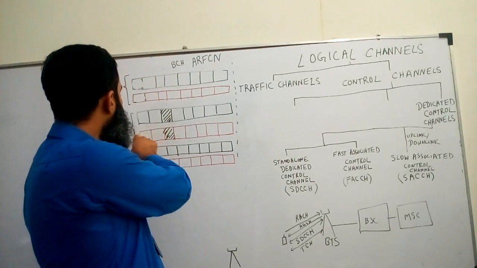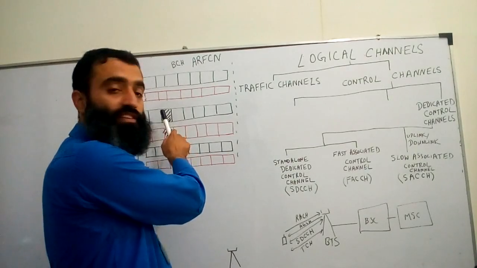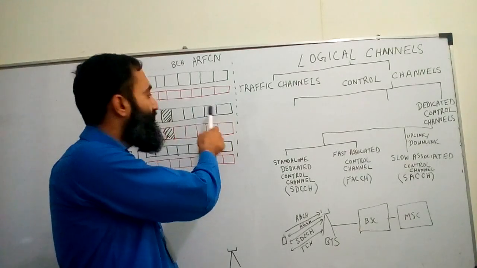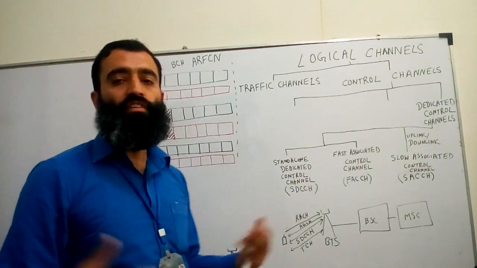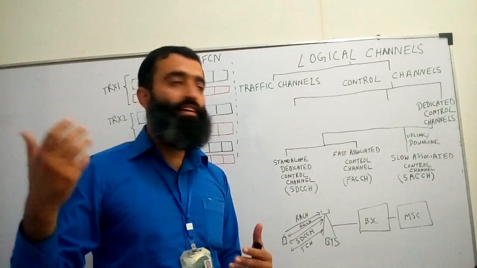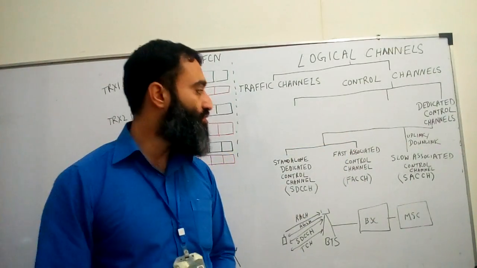For example, they can be assigned on TRX number 2 on this time slot, on the third time slot, or they can be assigned here, or here, depending upon different times. A dedicated control channel can be assigned on a different time slot.